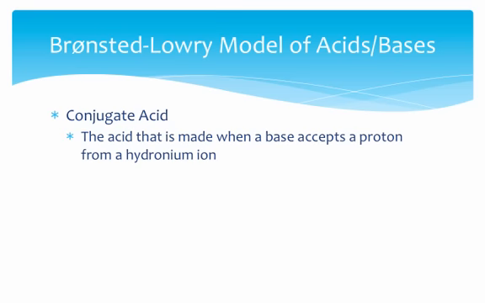When you have that base, say for example, the NH3 we had from before, and it turns into NH4 plus, here it's a base because it's accepting a proton, but after it's accepted that proton, now it's actually capable of donating that proton back to something else. This means it's now an acid. So when you react a base and create an acid, you get those conjugate pairs.